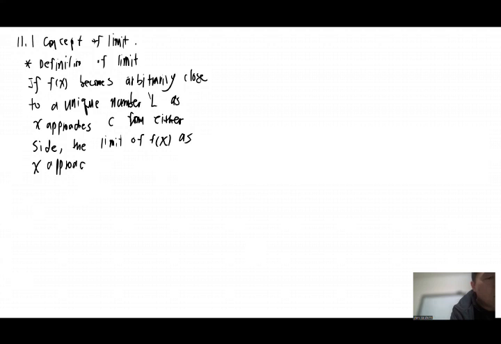If function f(x) becomes arbitrarily close to a unique number L as x approaches c from either side, the limit of function f(x) as x approaches c is L. This can be expressed with the symbol of a limit.